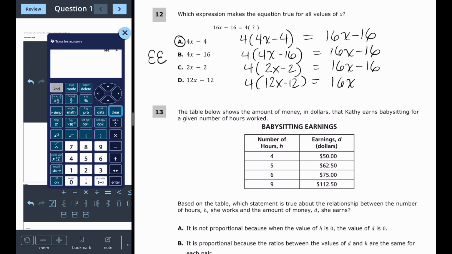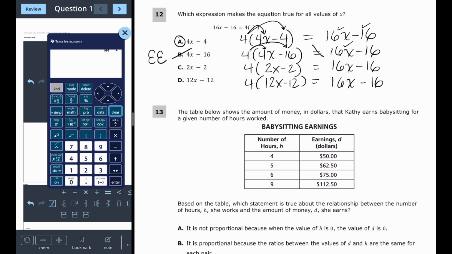So let's see which are true. Now I'm going to distribute. 4 times 4x is 16x. Yep. And 4 times negative 4 is negative 16. So the first one is true. If you tried the next one, you get the first term correct, but 4 times negative 4 is not 16. So remember, you distribute to both.